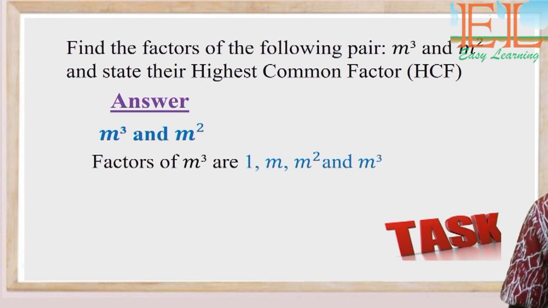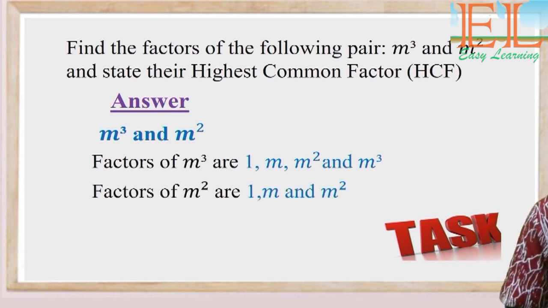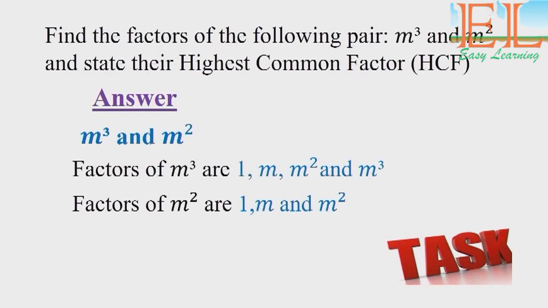And for m squared, the factors are 1, m, and m squared. Looking at these factors, the highest factor among the two is m squared, and that is my HCF.